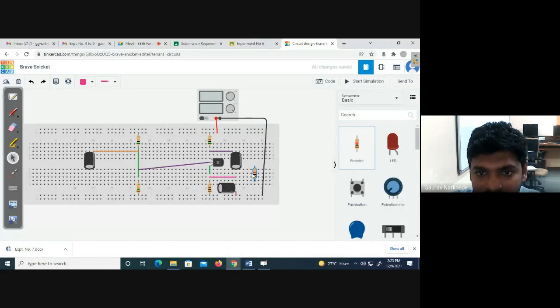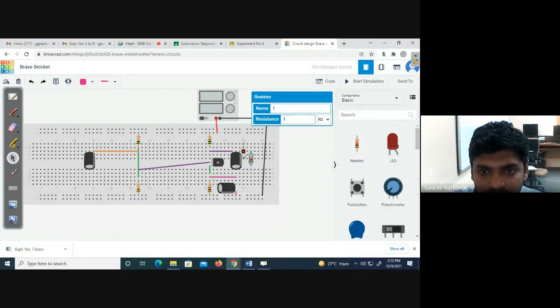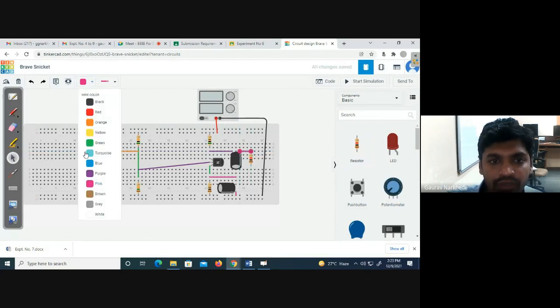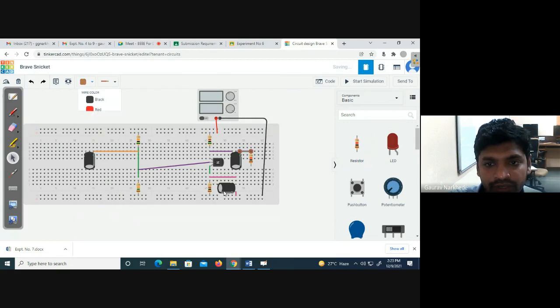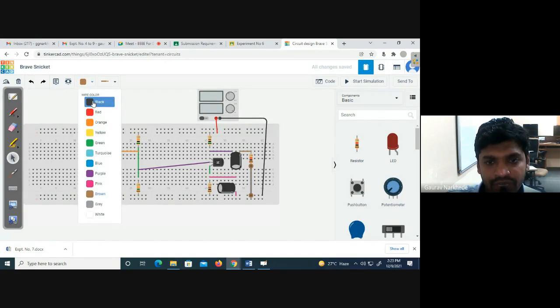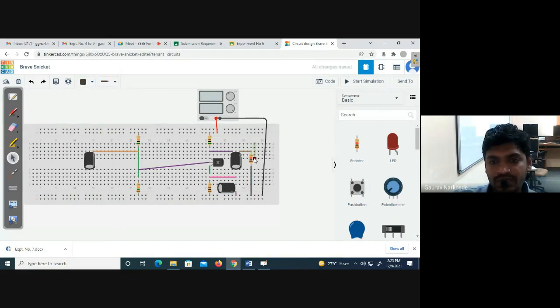That will be somewhere here, that we connect to the output, and this part we connect to ground, because we are taking the voltage drop across this RL, correct?